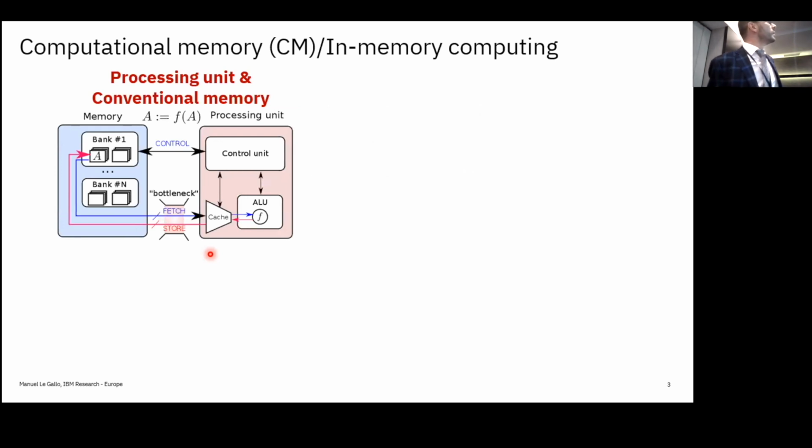Just as a short introduction, it has also already been introduced, but the idea of in-memory computing is basically to try to eliminate the bottleneck that we have in the conventional processing and memory unit, where we essentially transfer data back and forth all the time between the processor and the memory.